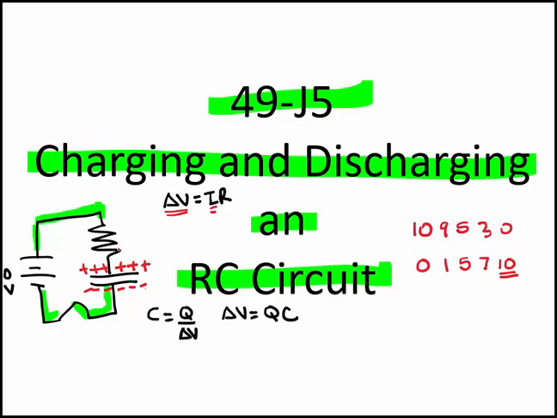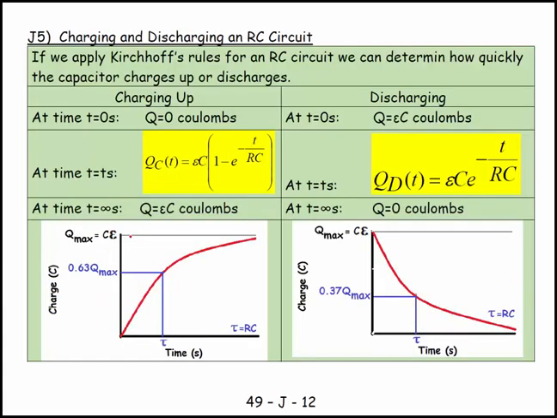So this is a dynamic situation. It's got a certain speed, a certain time for this job to be done, and that time depends upon the EMF of the power supply, the resistor value, and the capacitor value.